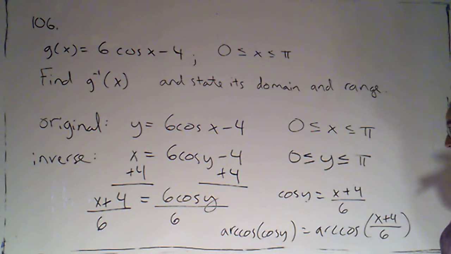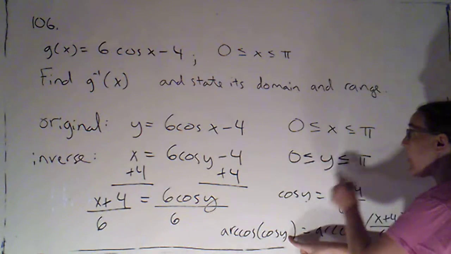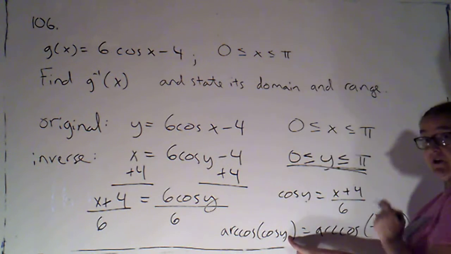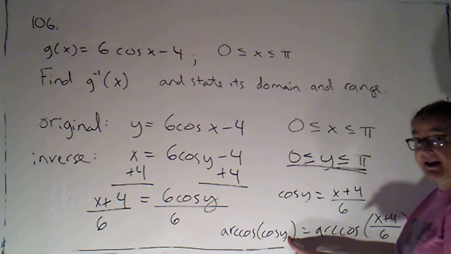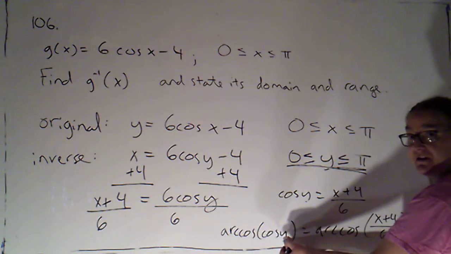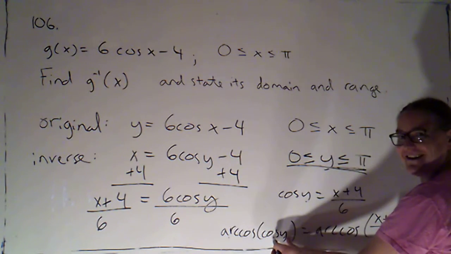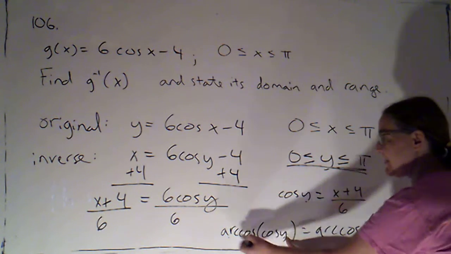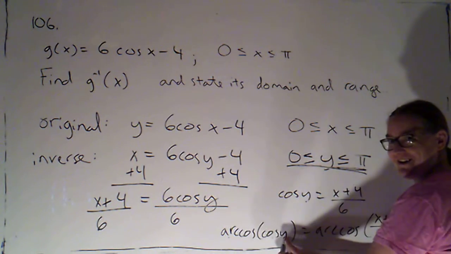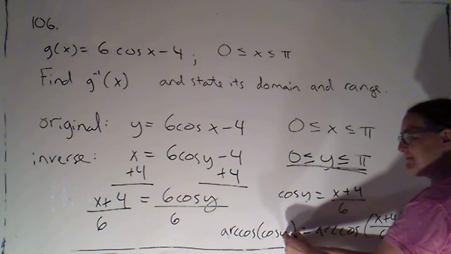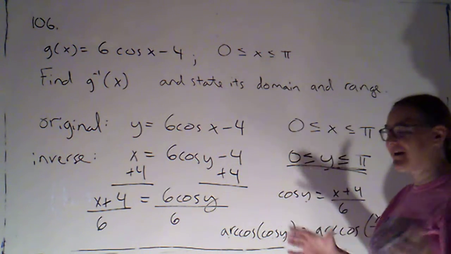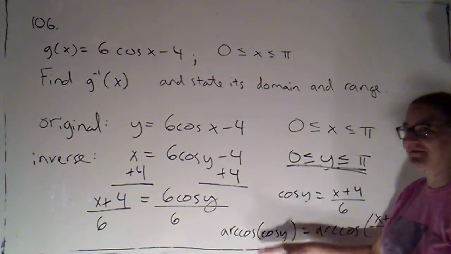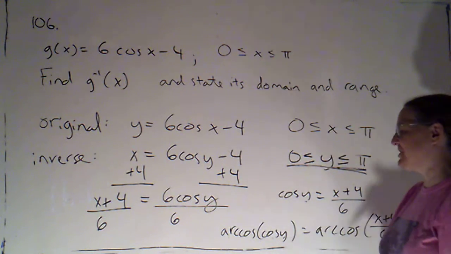over 6. And because y is in this interval between 0 and pi, this is one of those times when this function undoes this. If I didn't have these restrictions on y, remember I need to be very careful with this function composition. If the angle I'm plugging in isn't in the appropriate interval, this isn't the inverse of this, and I can't just have them undo each other.